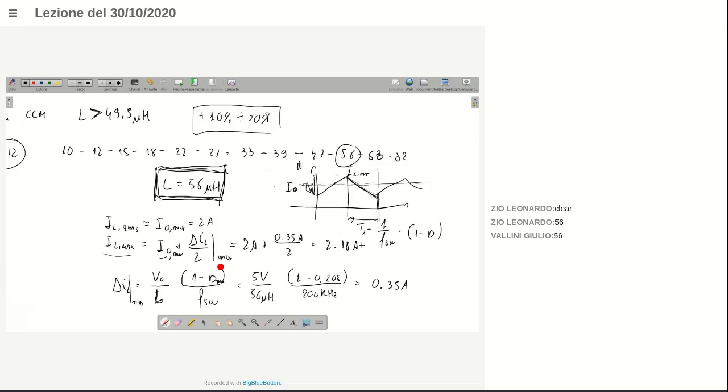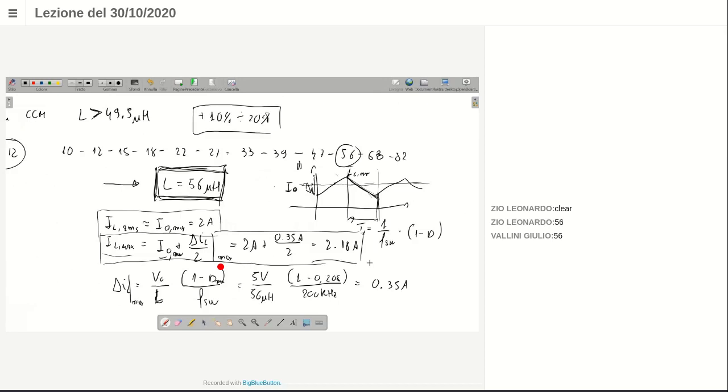So at the end, when we have to choose from our catalog, we should look for an inductor with 56 microhenry inductance that is suitable to sustain an RMS current of 2 amps and a maximum peak current of 2.18 amps. Now we can say that we are done with the inductor.